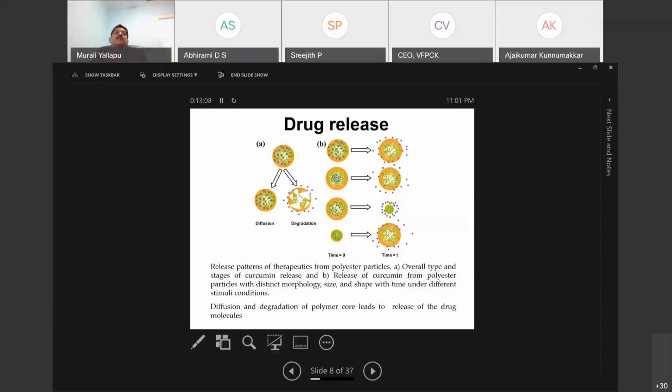Also, once we have these nanocarriers embedded with various therapeutic agents, there can be a stimulus-based means. That means if you use any pH sensitive, redox sensitive or temperature sensitive carrier, you can get a better or quicker release in a given environment, taking advantage of the local or tumor microenvironment.